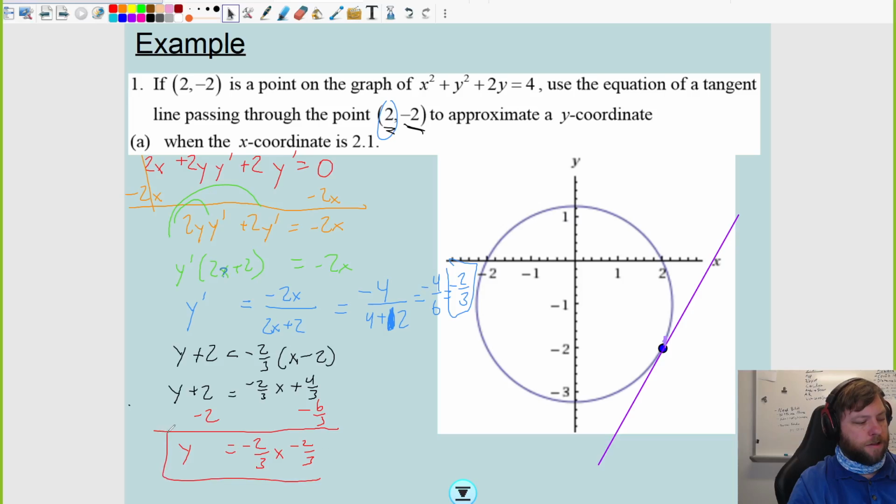I get my equation that looks like this. Now I can plug in 2.1. That's annoying, it's this weird fraction, and now you've got to use a calculator too. So y equals -2/3 times 2.1 minus 2/3. Oh, and it's calculus, so I would never simplify. Or if you need to, plug it into a calculator. That's the idea behind this. You just go for it.